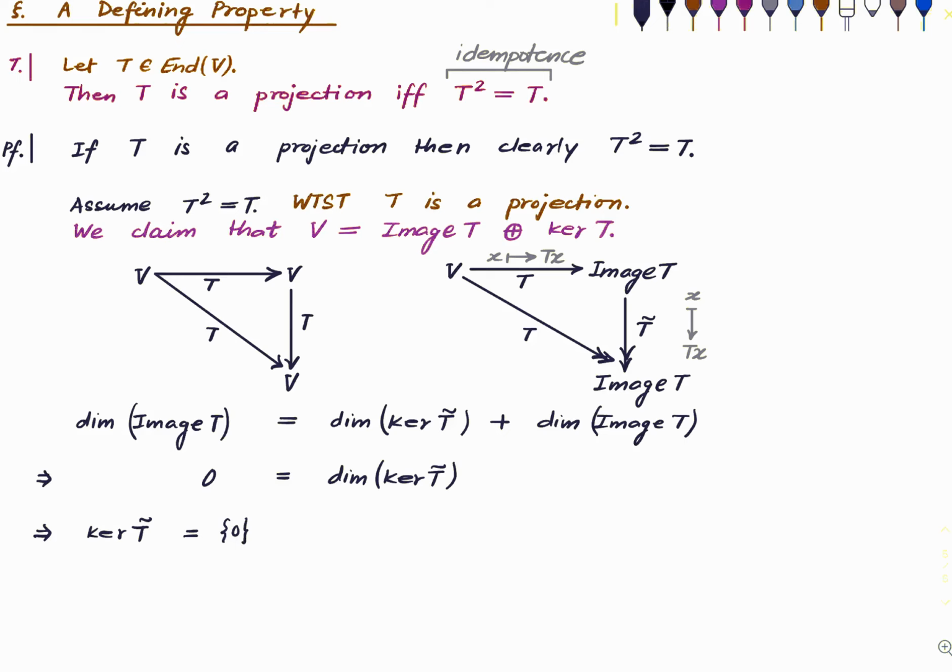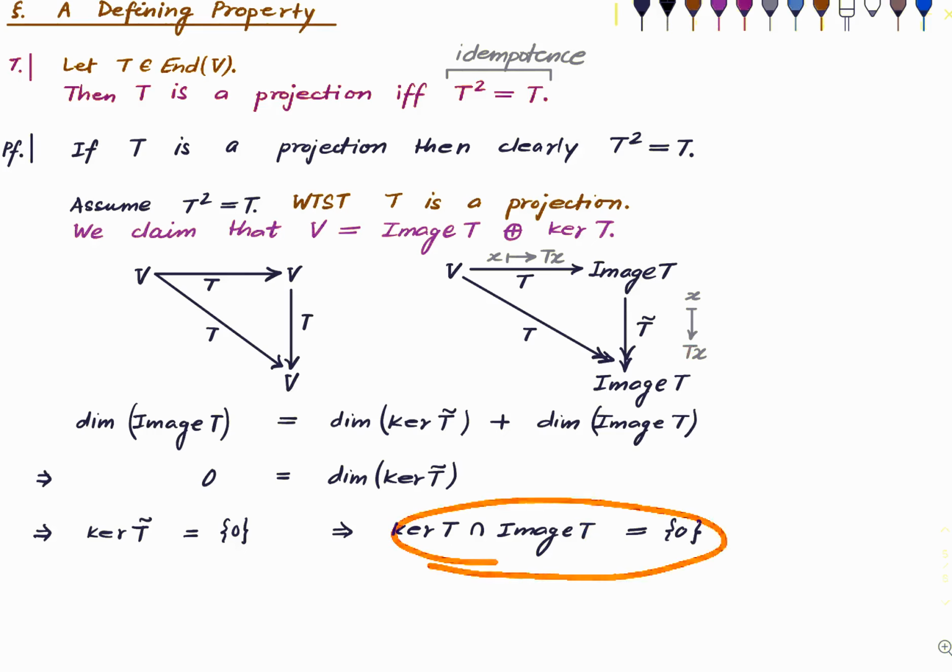But what is the kernel of T tilde? The kernel of T tilde is the kernel of T intersection the image of T. Why is that? Well, it's those things in the image which are killed by T, which is precisely those things in the image which are also in the kernel of T. So we have that, and this implies by the rank nullity theorem that V is the direct sum of image and kernel.